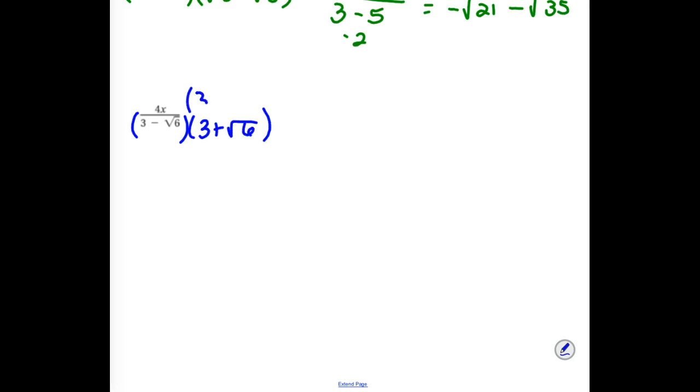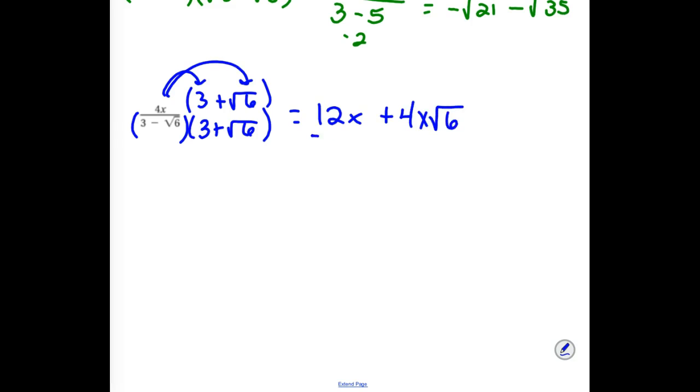All right. So we are going to distribute. What's 4x times 3? All right. And then 4x times a root 6. Okay. Denominator, 3 times 3. 9. Negative root 6 times a positive root 6. All right. So 9 minus 6 reduces to 3.